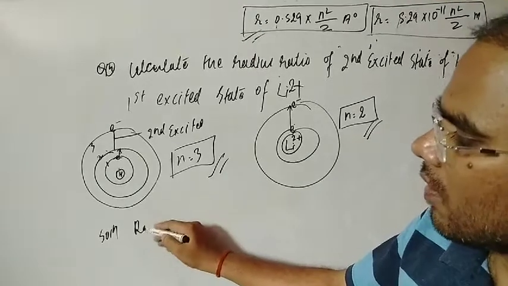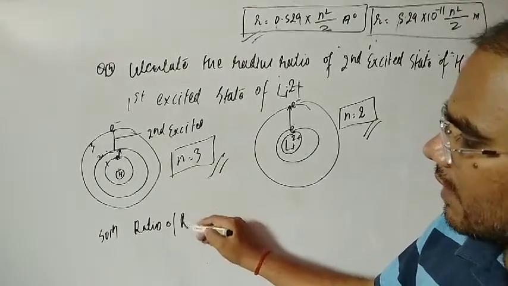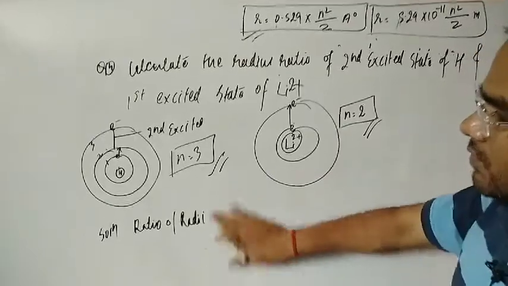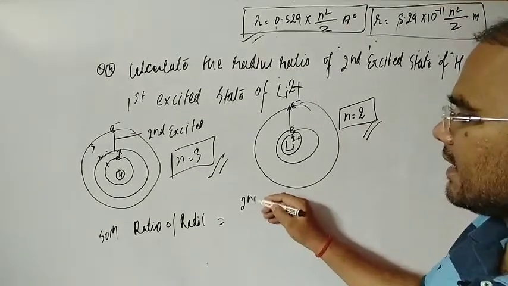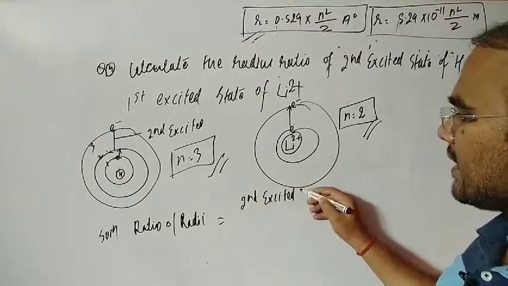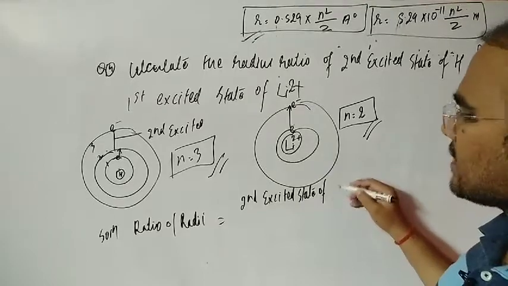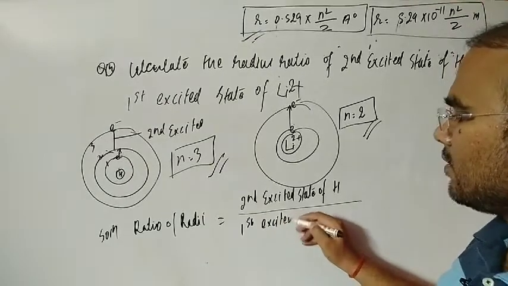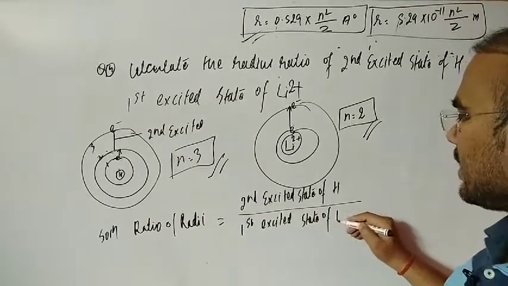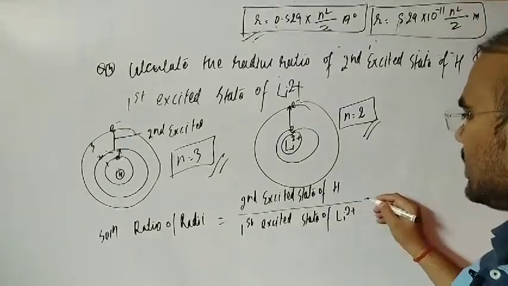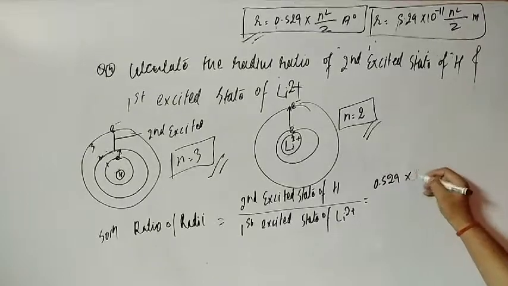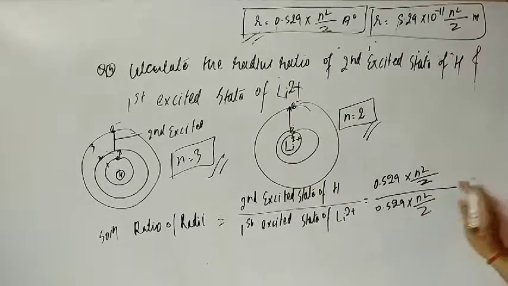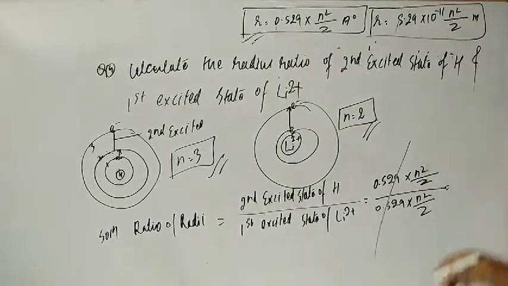So the ratio of radii they are asking is the second excited state of hydrogen divided by the first excited state of lithium 2 plus, which is equal to 0.529 into n square upon Z divided by 0.529 into n square upon Z. You solve it out, student, the 0.529 all cancels out.